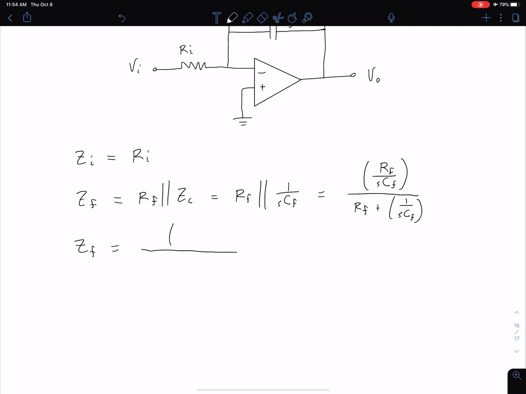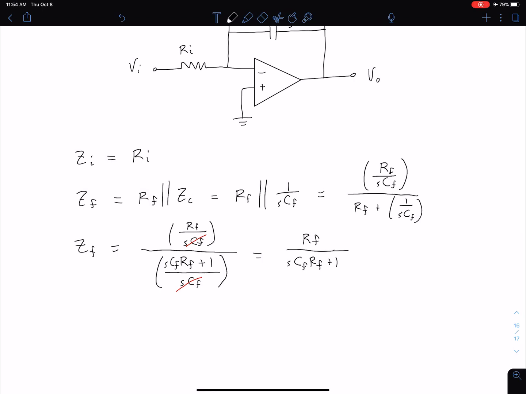Our numerator we're leaving unchanged, Rf divided by S Cf, and finding a common denominator of S Cf in the denominator, we get S Cf Rf plus 1. As we've seen in a previous video with similar analysis, these two will cancel out, and we're just left with Rf divided by S Cf Rf plus 1.